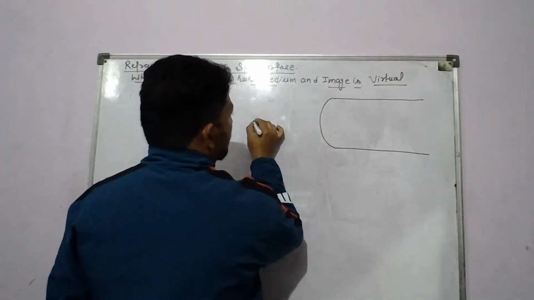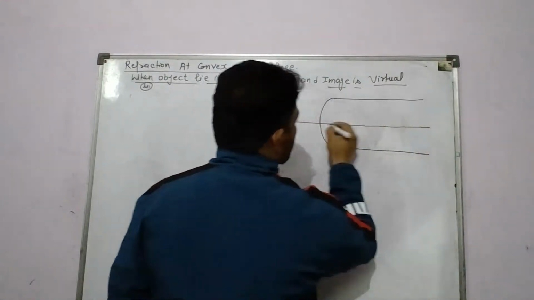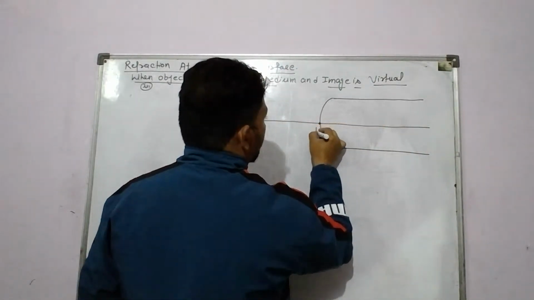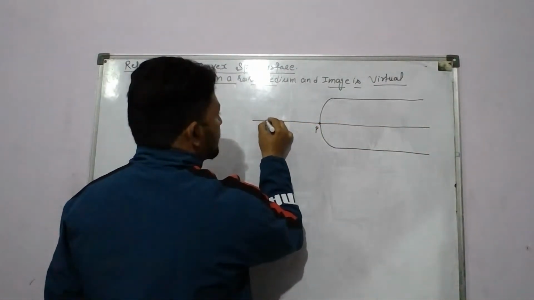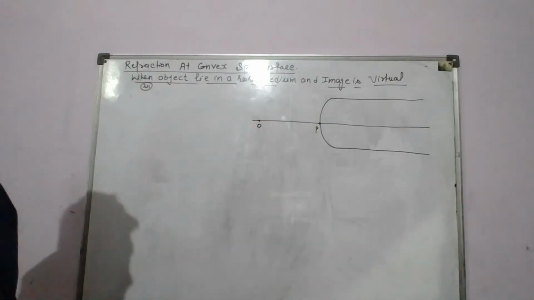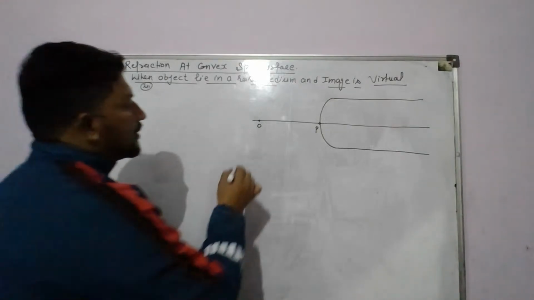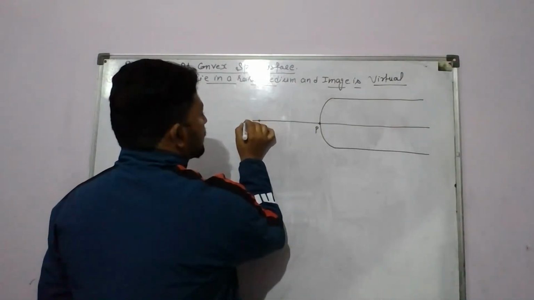You can see this line is the principal axis. This point is pole. Object lies here, O. Again you understand object lies in real medium, image is virtual.